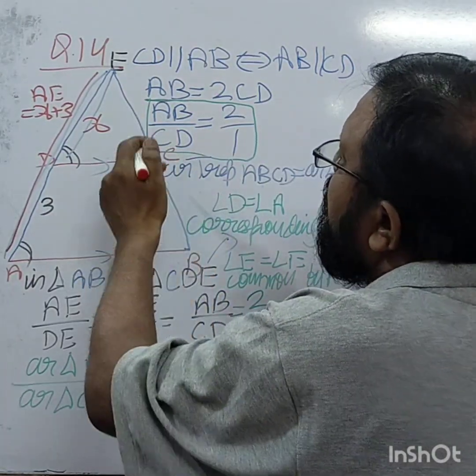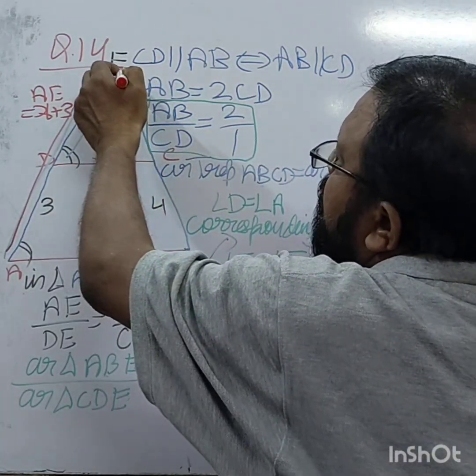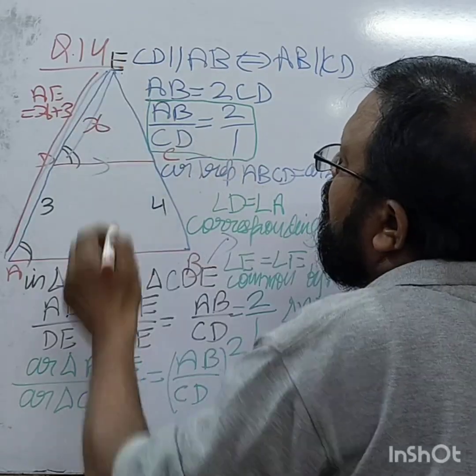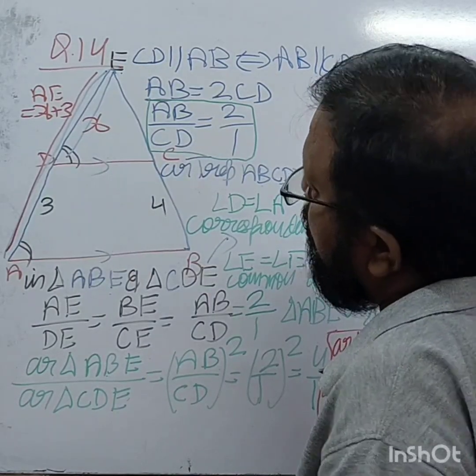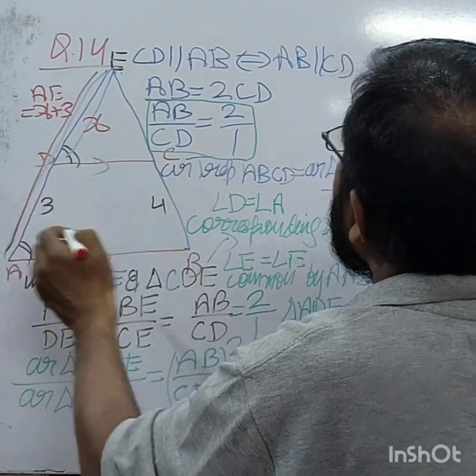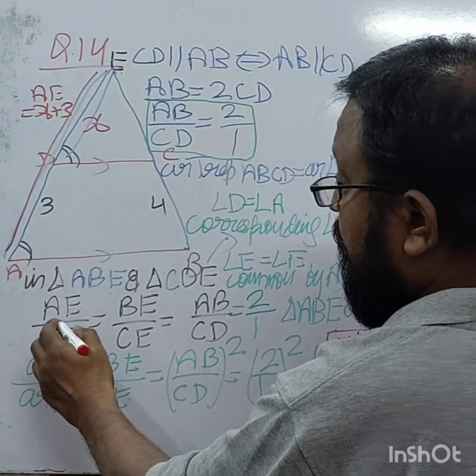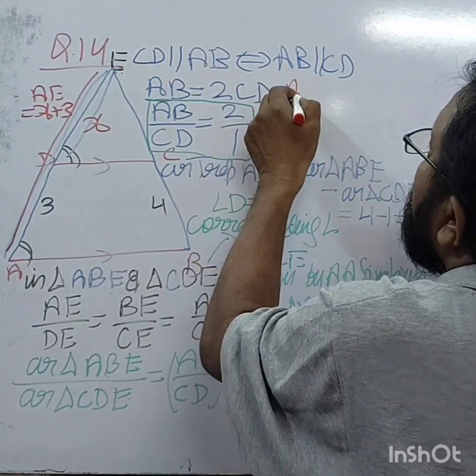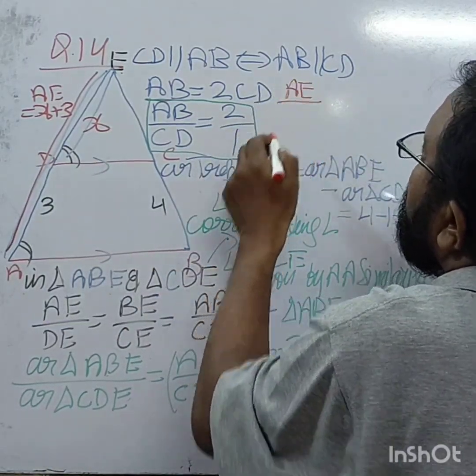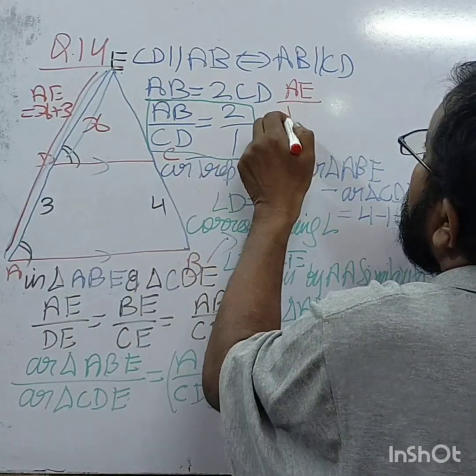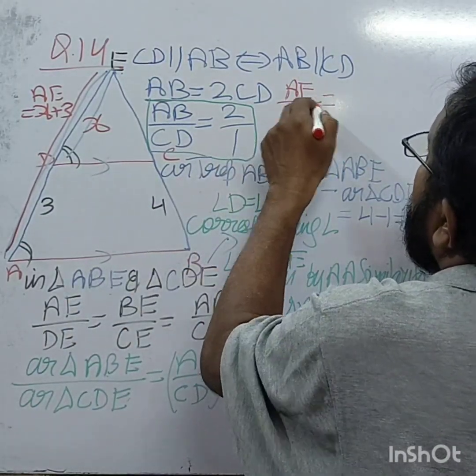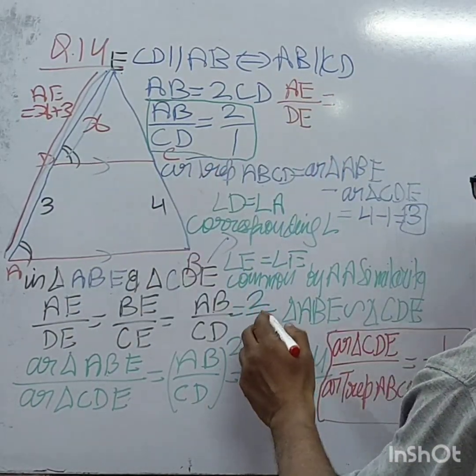Similarly, we have AE upon DE is equal to 2 upon 1.